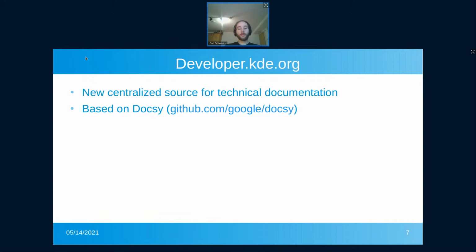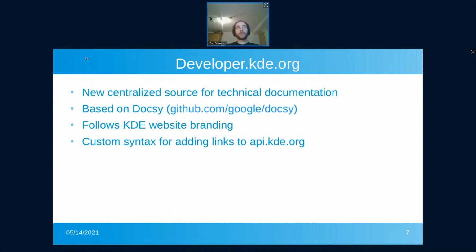So, for example, we added the KDE website branding, so that we have a unified style for all of our websites. And we also added tons of small helpers, for example, for linking to classes and methods from the API documentations.